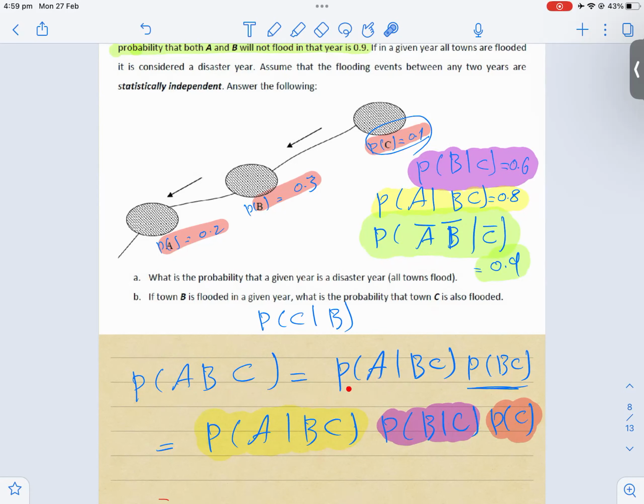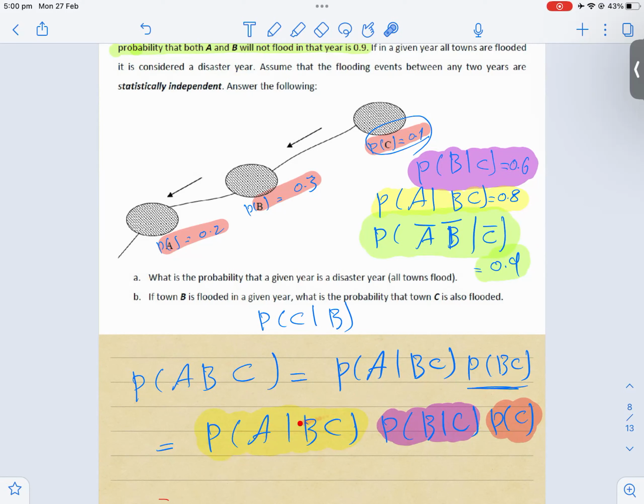I just use the conditional probability definition. Probability of A conditioned on BC times probability of BC. Why did I choose BC? Because I see that BC is written here. Probability of A conditioned on BC, probability of BC.